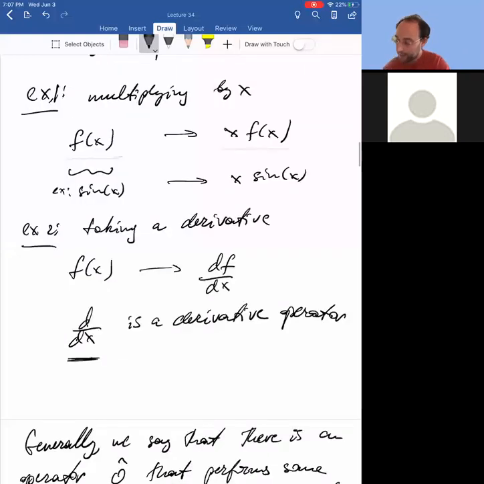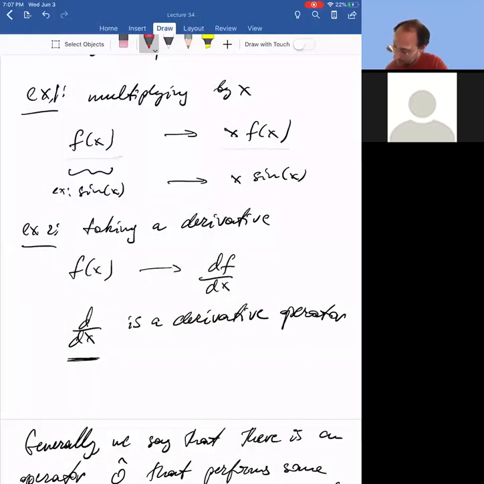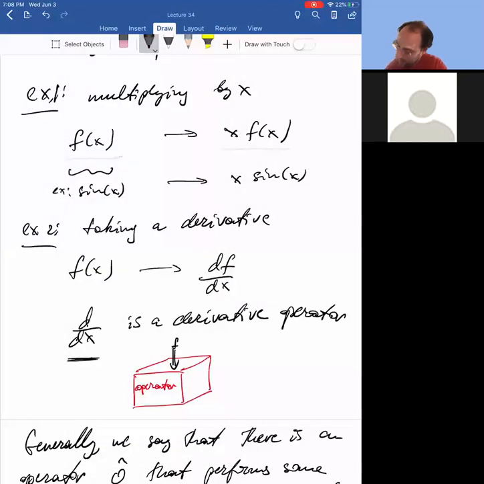So a graphical way to represent an operator is that it's like a machine. You put a function in and you get a different function out.